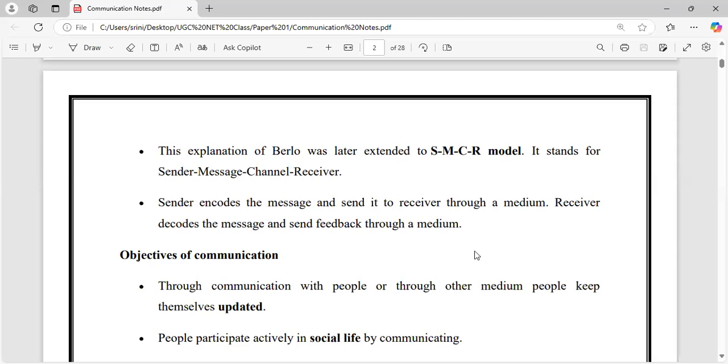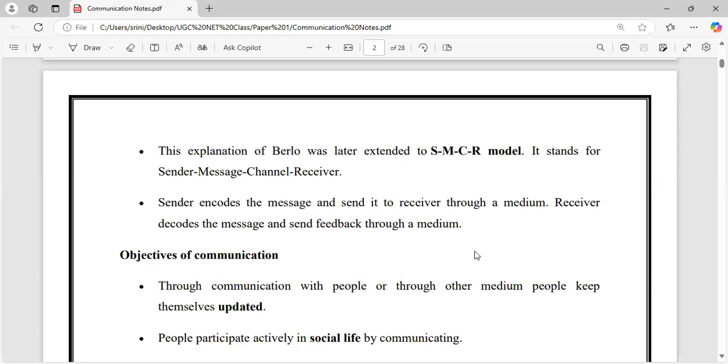So the sender encodes the message and sends it to the receiver through a medium. Receivers decode the message and send feedback through a medium. Encoding means formulation of the message, like how we are going to send it, and how we think the other person is able to receive it.